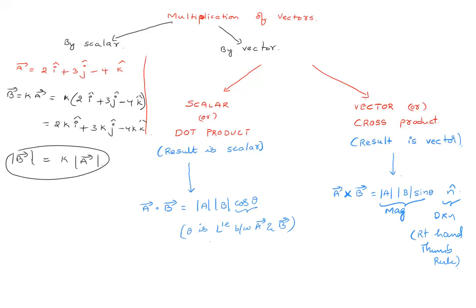And if you are multiplying one vector with another vector, there are two possibilities. One is scalar or dot product, another is vector or cross product. If you are doing scalar product of two vectors, your answer is scalar. If you are doing vector or cross product, your answer is vector. Now we'll see each type of product in detail.